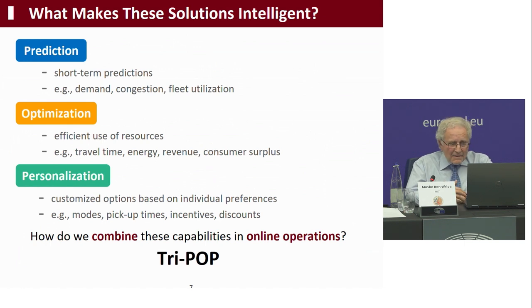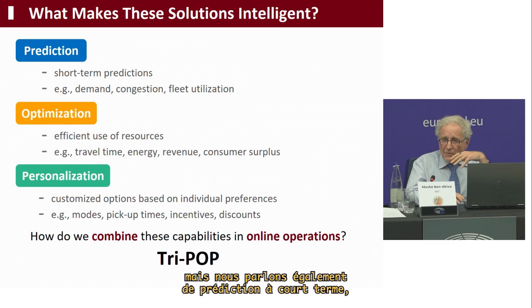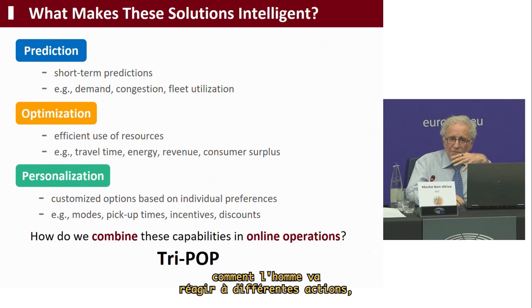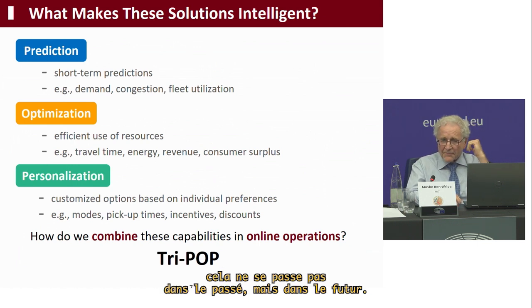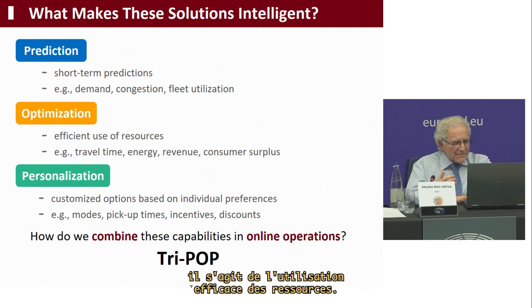We're not talking necessarily about long-term prediction, but also about short-term prediction, because if you're trying to predict how humans are going to respond to different actions, it's not happening in the past, it's happening in the future. So that's prediction. Optimization is obvious, it's an efficient use of resources.